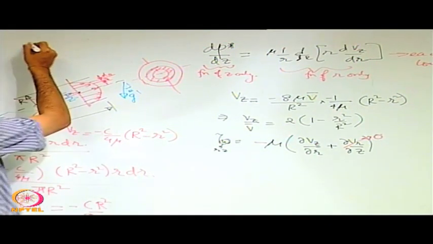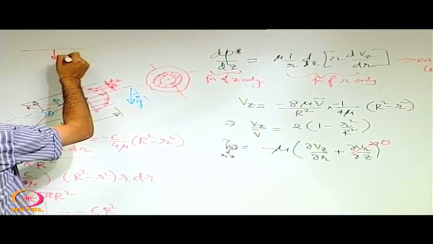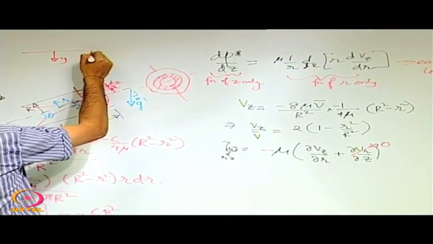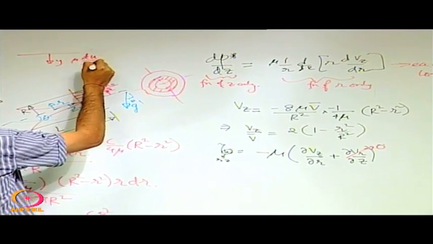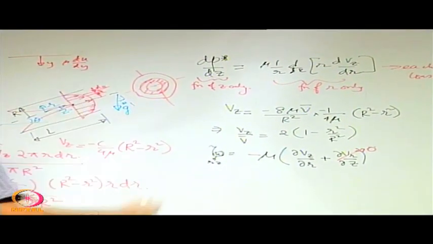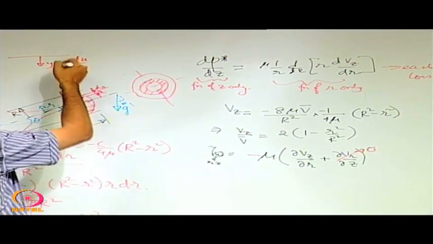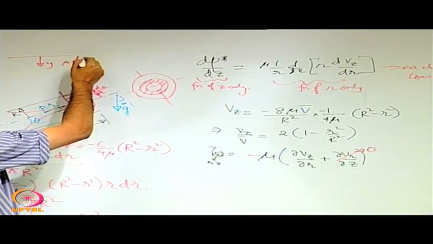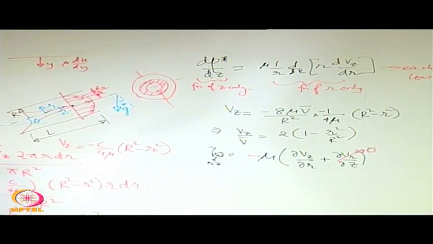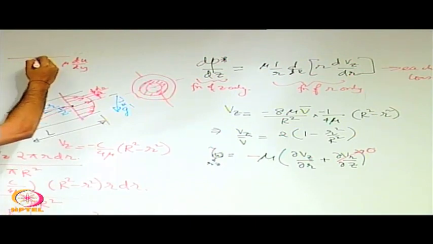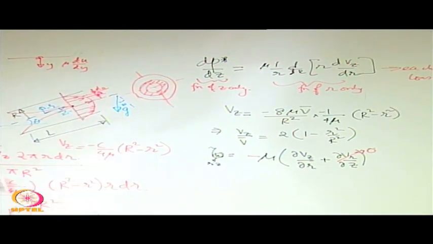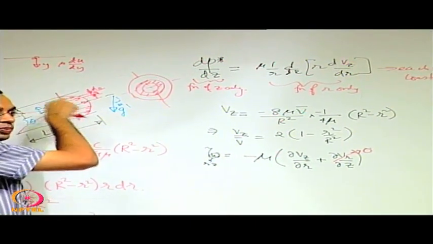So if you have a solid boundary like this, if you have this as y, then you have mu du dy. So y is away from the solid boundary towards the fluid. The reason is you want to write it as a positive shear stress. So you want u to be increasing in the y direction. So y equal to 0 is like the no slip and then u increases, but here the r direction is opposite to that.